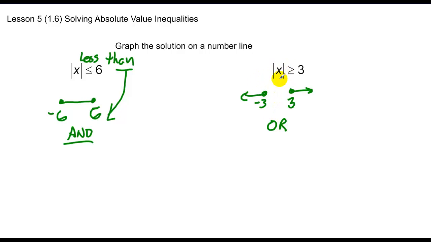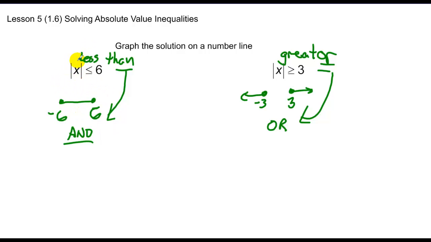And then the absolute value of something is greater, greater than the other, is like an OR problem. Absolute value of something is less than is an AND problem.